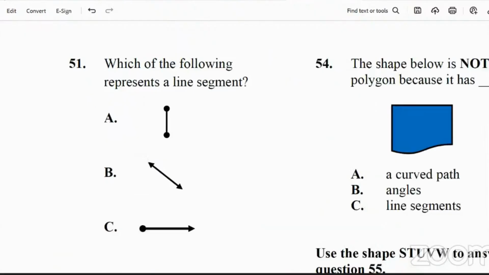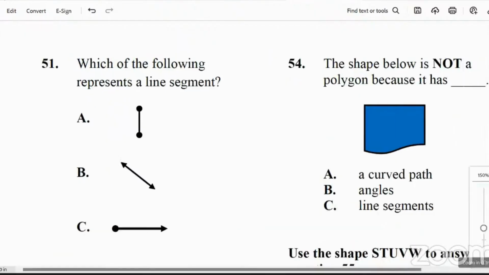Question 51. It says, which of the following represents a line segment? Okay, so which of these represents a line segment? Of course, you would have had to have knowledge of this beforehand. So A is the line segment. It's pretty much part of a line. It's joined by these 2 dots.